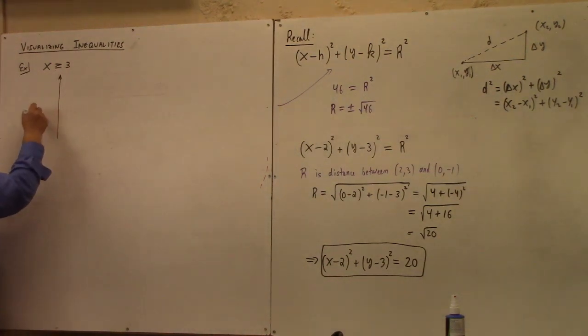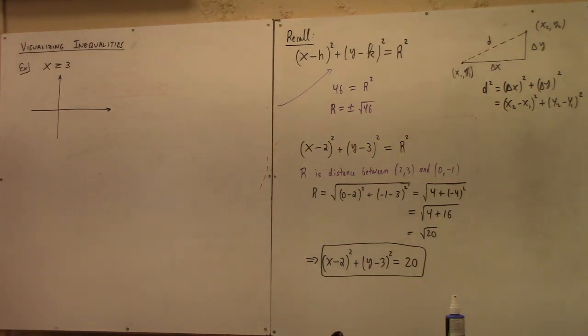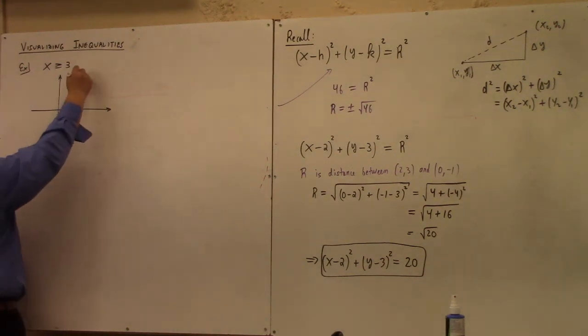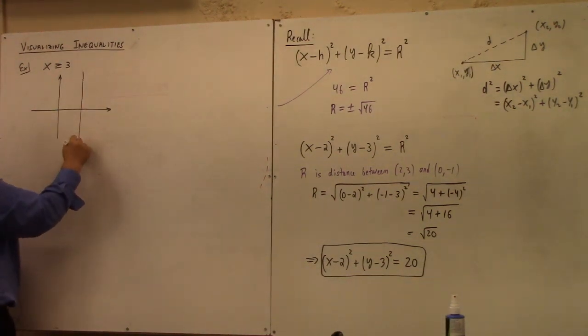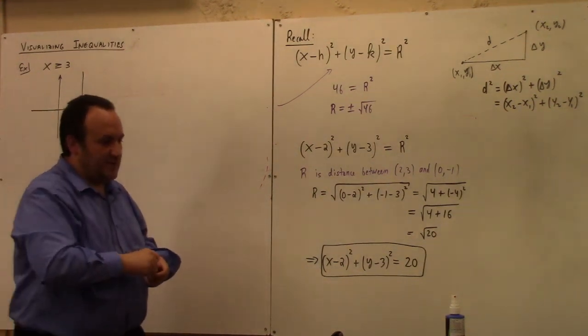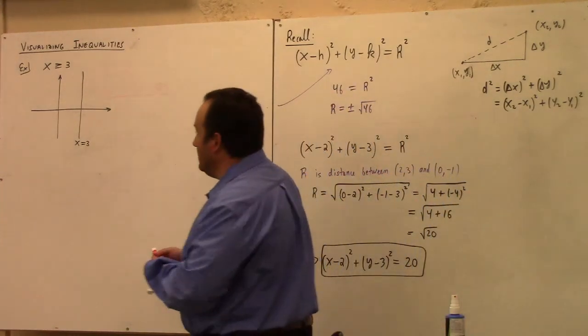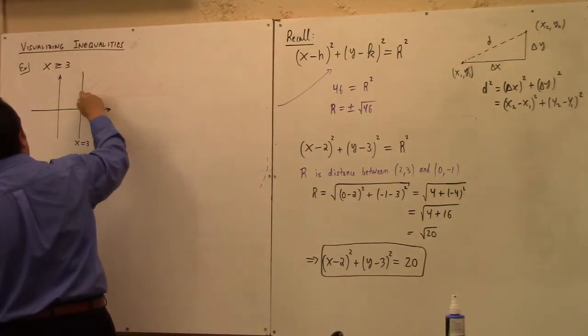If I wanted to plot all the points in the plane that satisfy that inequality, what does it look like? Yeah, x equals 3 is a vertical line. Right on board with you. And then what does it mean x is greater than 3? It means it's to the right of that line, right? So the solution in this case is like a half plane, right? It's like everything.